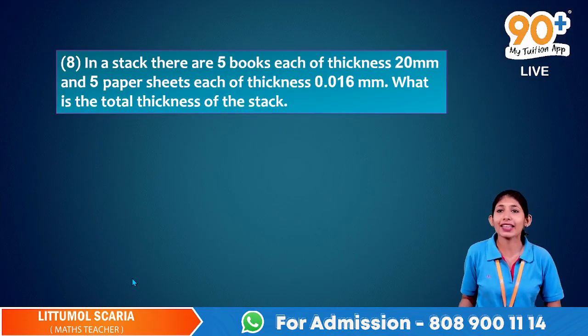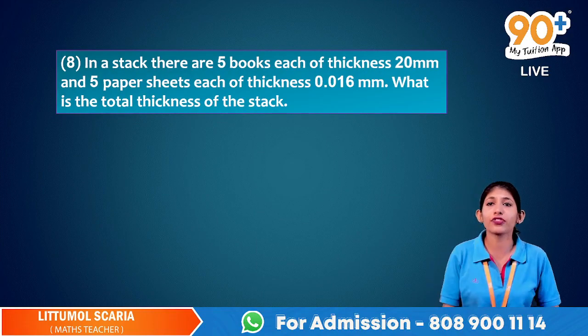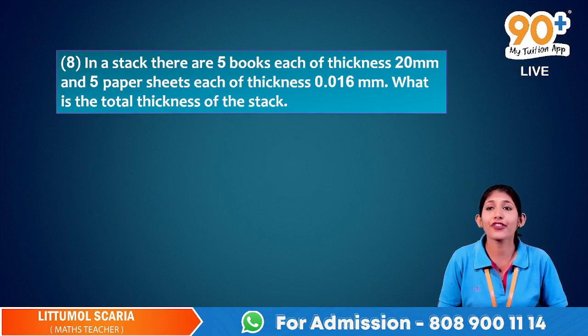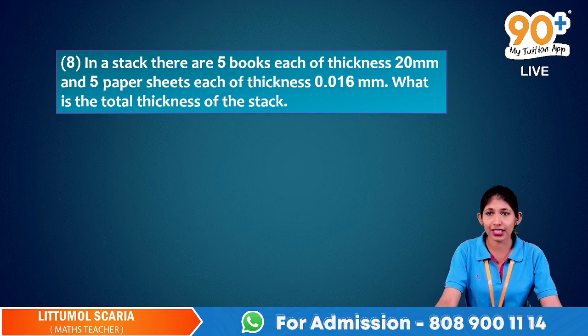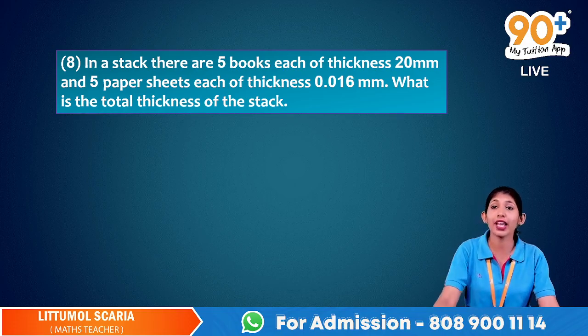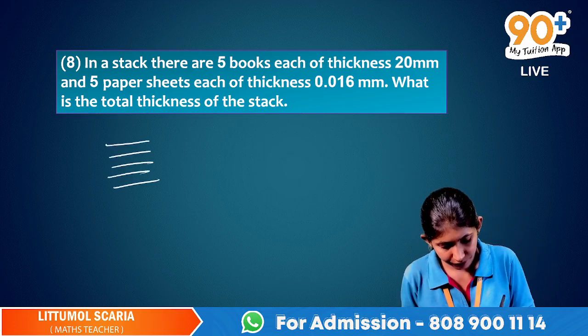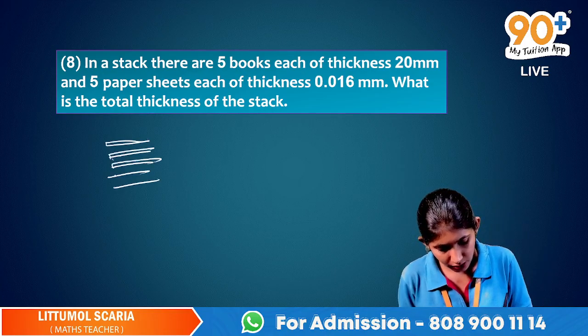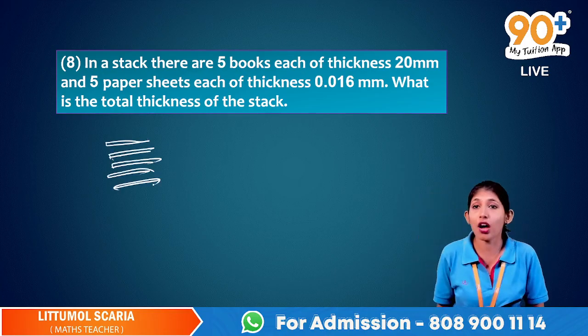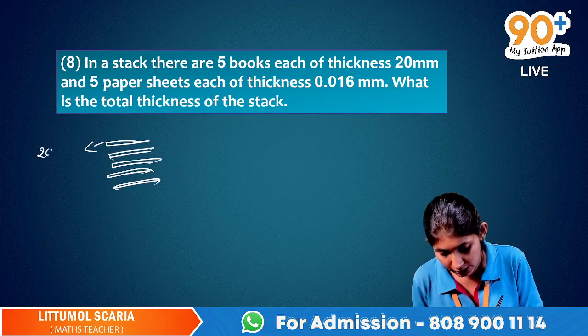In the stack there are 5 books each of thickness 20 millimeter and 5 paper sheets each of thickness 0.016 millimeter. What is the total thickness of this stack? So in the question there are 5 books, each of thickness 20 mm.